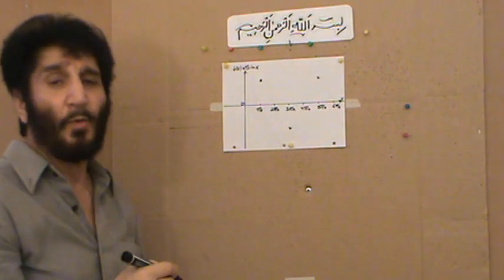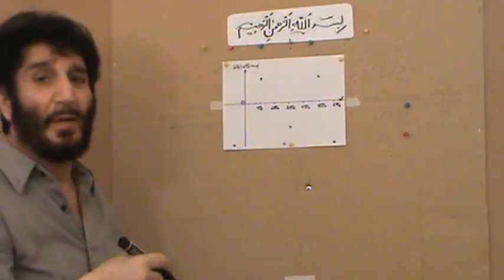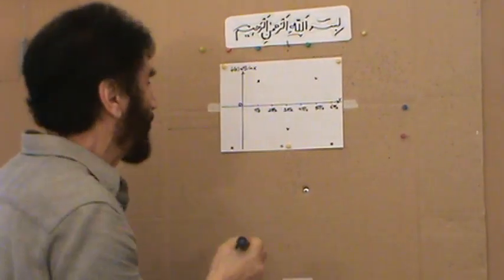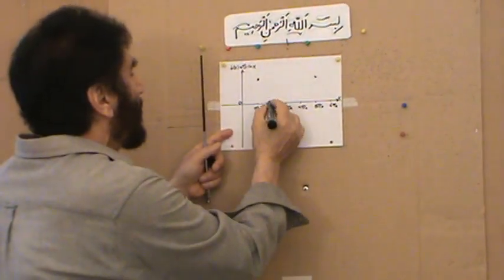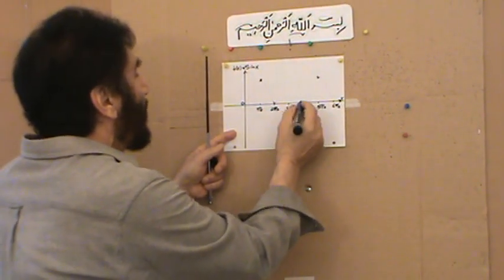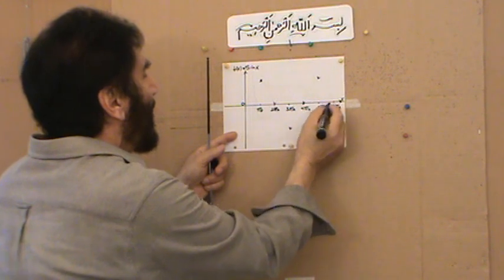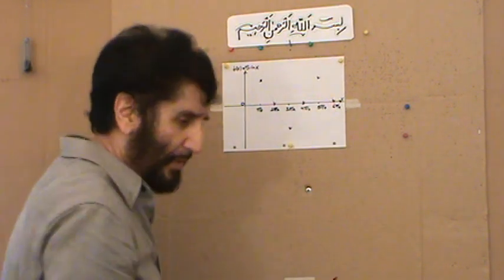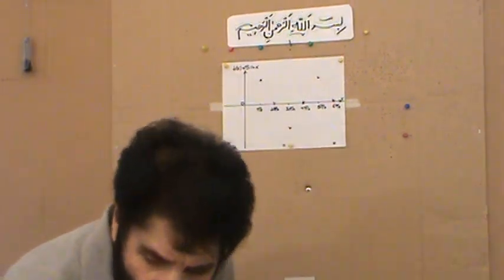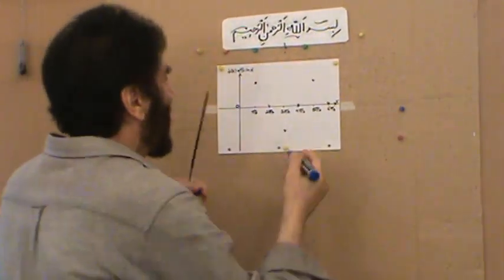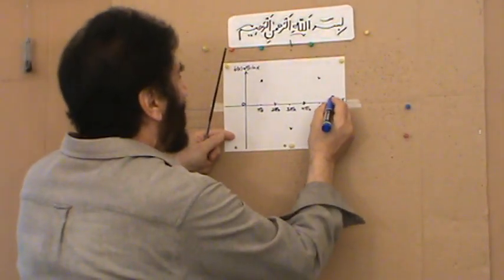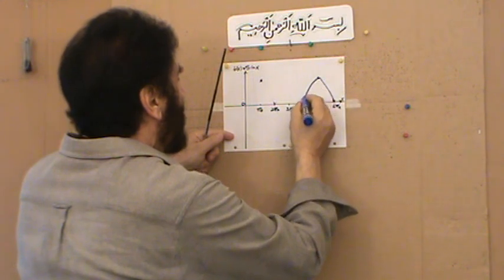And the zeros are the even multiples of pi over 2. So it's 2 pi over 2, which is this one, then 4 pi over 2, which is this one, 6 pi over 2, which is this one, and so on and so forth. Now we can go ahead and sketch the graph of it very precisely, just connecting these few points.